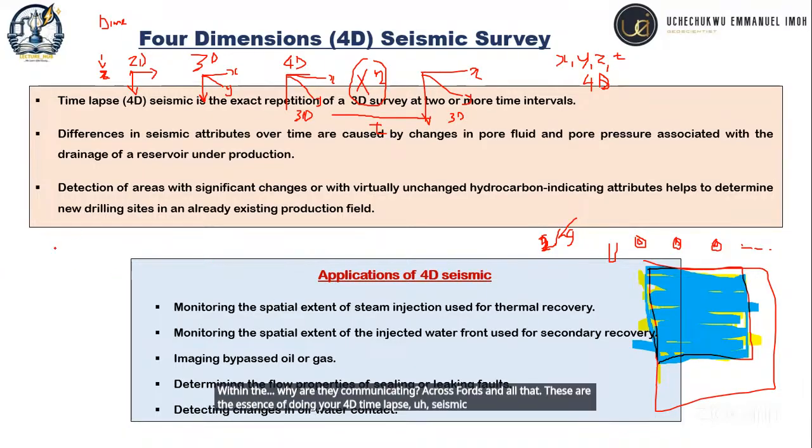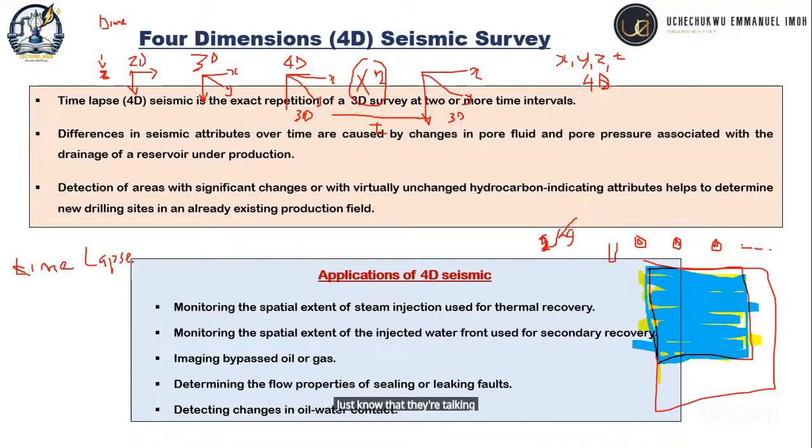And another thing is that anytime you hear time-lapse seismic, just know that they're talking about a 4D survey. So don't get confused. It's just that they're repeating a 3D survey. They can be doing this time-lapse survey using OBN. They can be doing it with OBC.